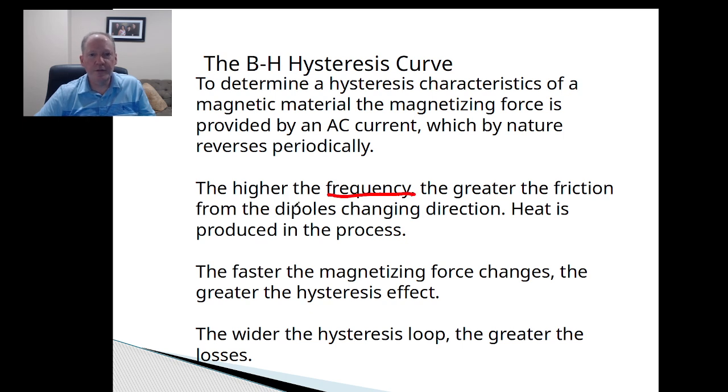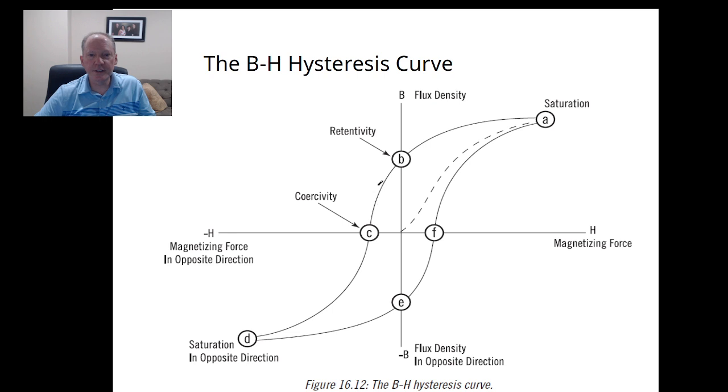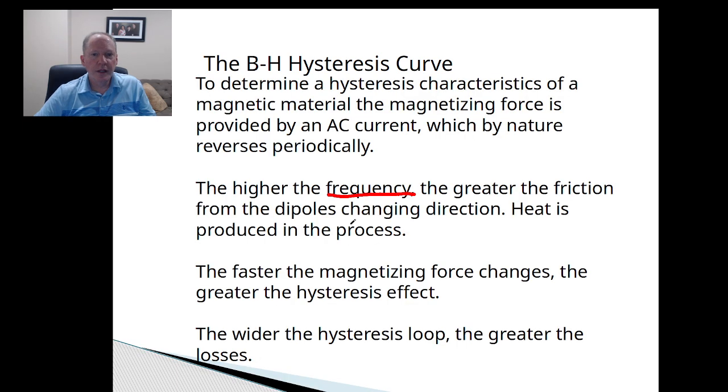So the greater the frequency, the greater the friction between the dipoles changing direction. So on this hysteresis curve, this A and this D are switching if it's induced with an alternating current, and that will cause heat to come into the material. So the faster the magnetizing force changes, the greater the hysteresis effect.